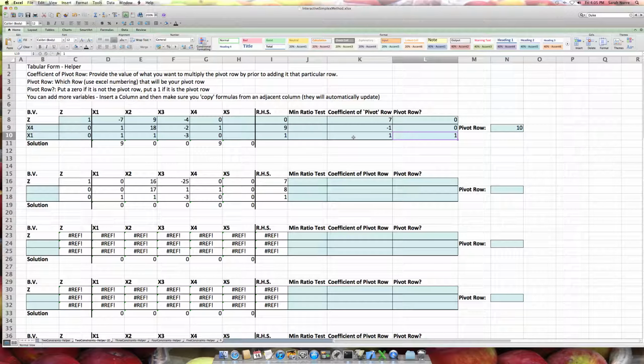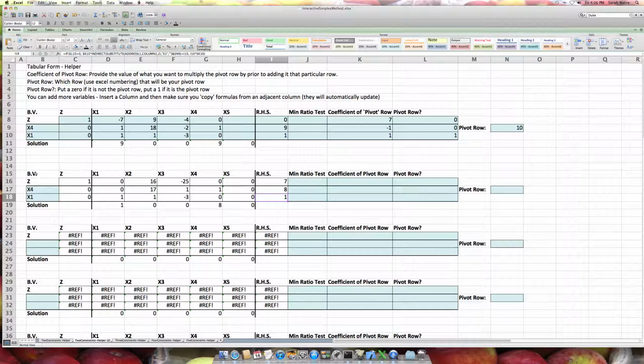So here we see we get a new tableau. Again, we're having x4 and x1 as my basic variables. Gut check it. x4, 1 and all zeros. Its solution equals its right-hand side. Here, x1, 1 and all zeros, and its solution equals its right-hand side. So we're good with that.